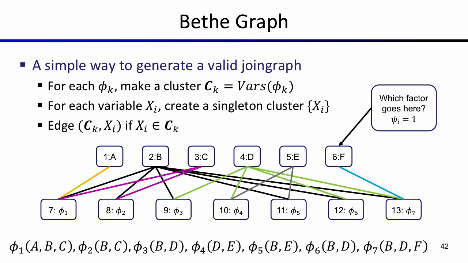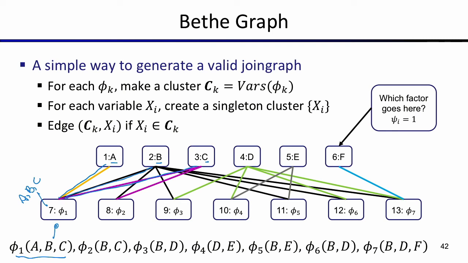So just to be a little bit more clear, this factor here will be associated with this cluster. In this case, this cluster will mention the variables A, B, and C. They are the variables in the factor. I will also have the cluster for variable A, the cluster for variable B, and the cluster for variable C. And I'm going to connect this guy here with these three clusters, right? Because we have these three variables here. That's good. And we keep on doing this.